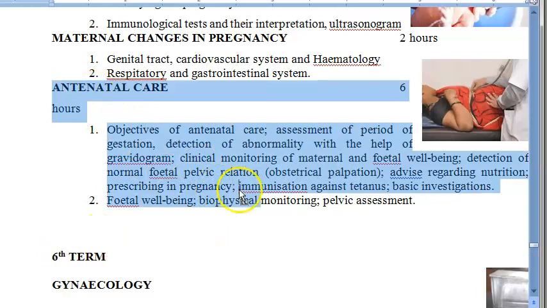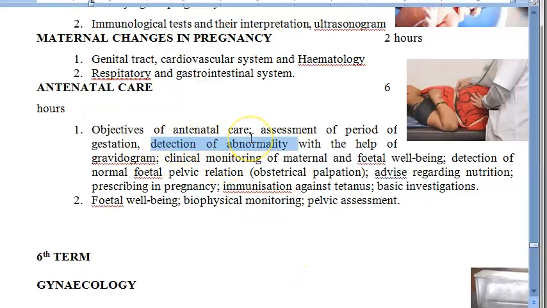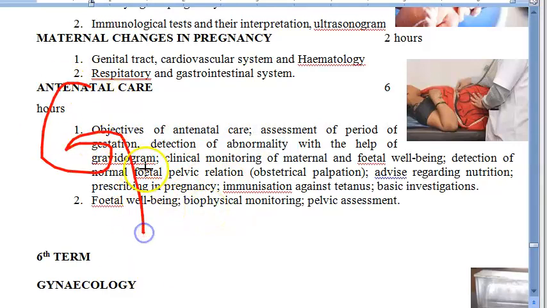Perinatal, then postnatal. In antenatal, what will you do? You will try to detect any abnormalities, assess the period of gestation. Then the gravida, para, all that you should know. Gravida is used if she's currently pregnant. Para is beyond the viability, how many fetuses she has carried, all that.